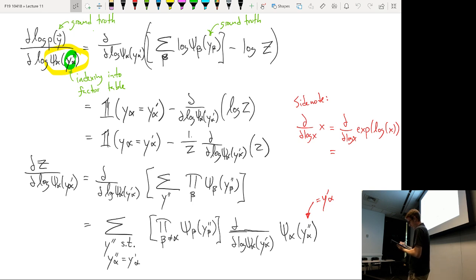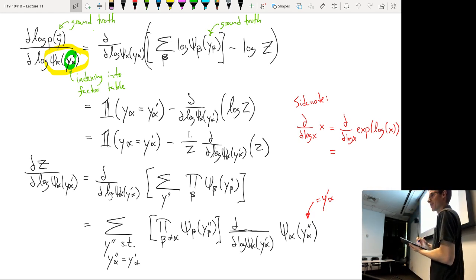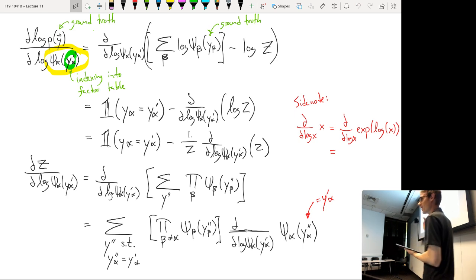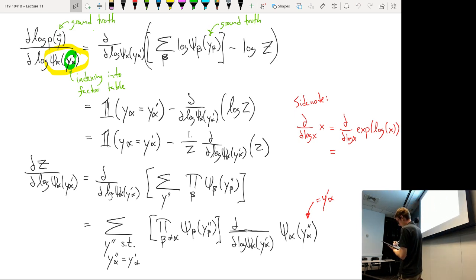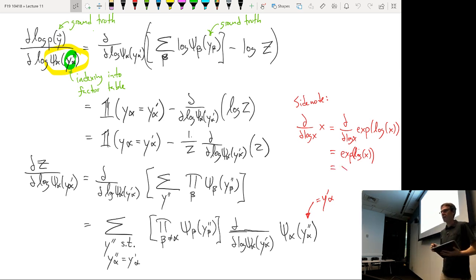Well, it's just exp of log x, right, times the derivative of log x with respect to log x, which is just 1. So in the end, we just get back that this is just x.